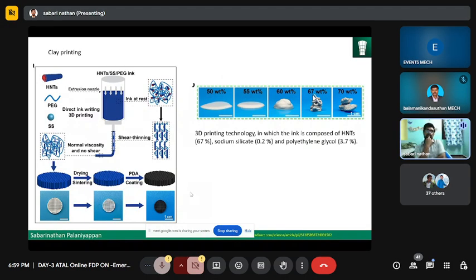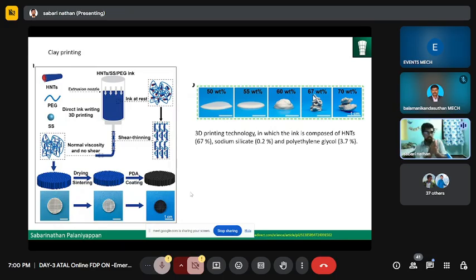Then clay printing, which is not really clay printing, it is ceramic printing. In this method, we have used HNT, which is halloysite nanotubes, as well as PEG, polyethylene glycol. PEG is a material mostly used for matching the viscosity of the material.